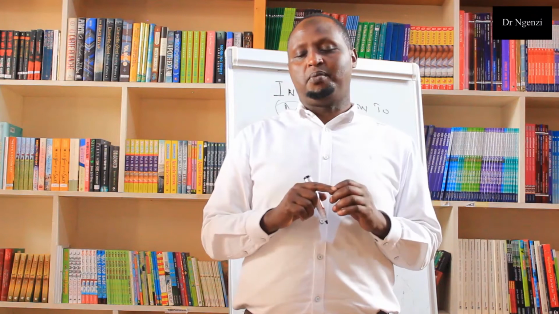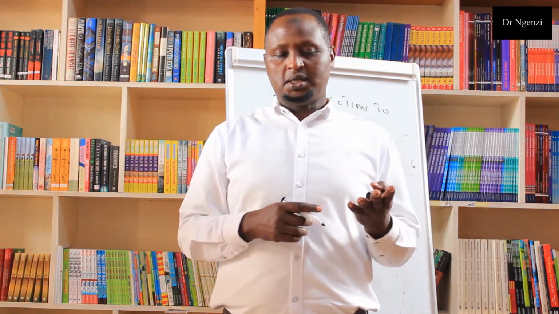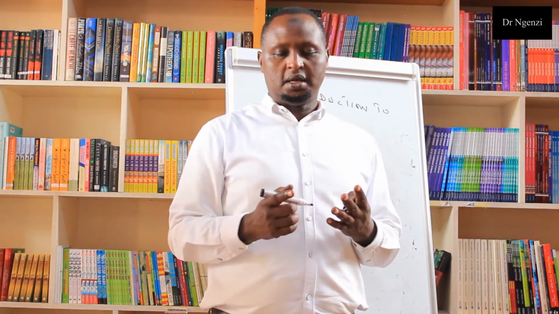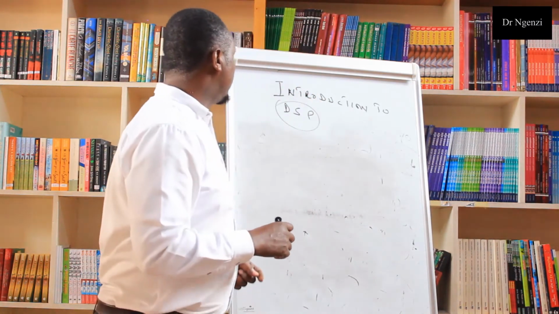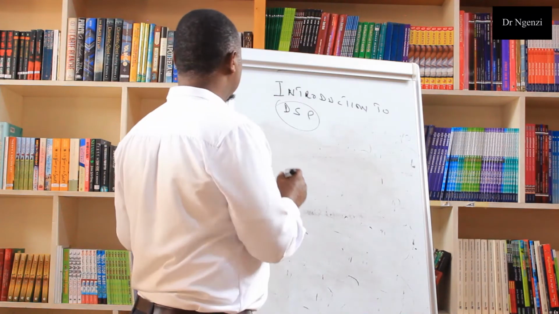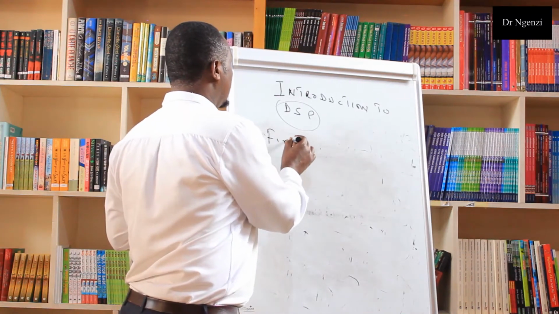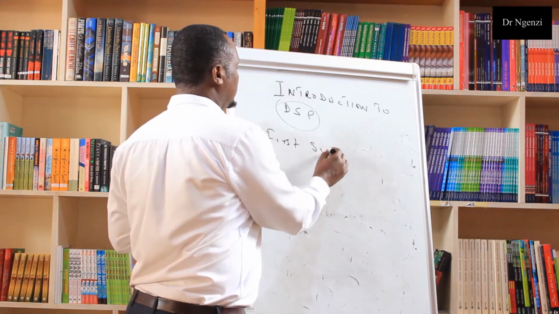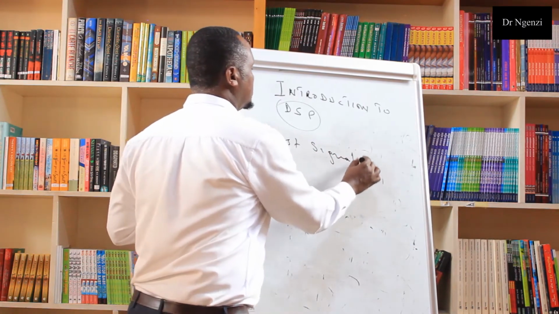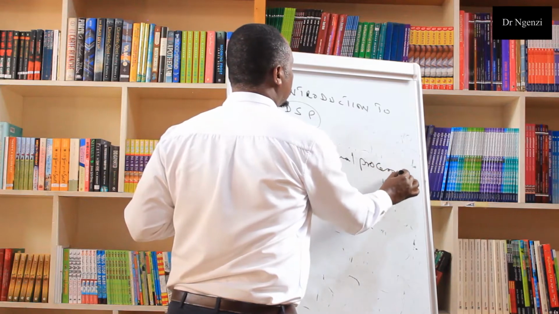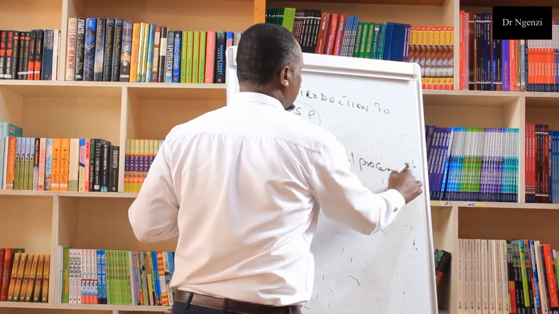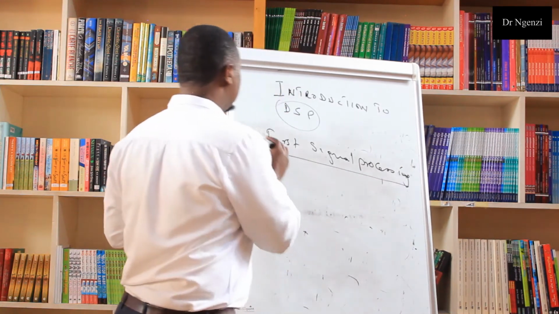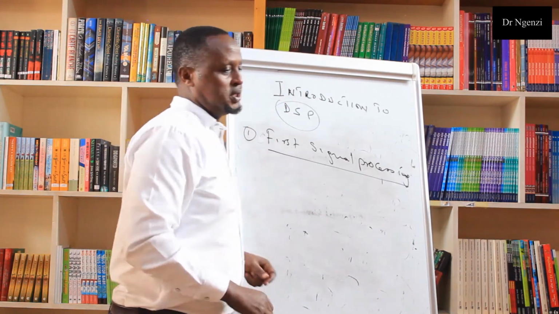Where did it come from, and why? What is the history behind this? We are going to talk about the history of signal processing, the first signal processing in history.